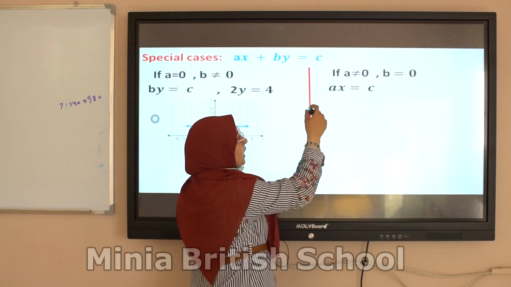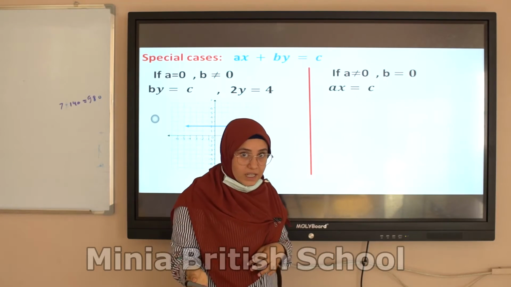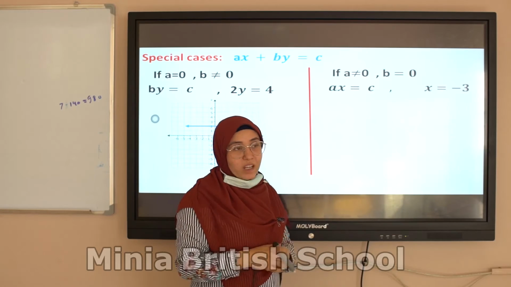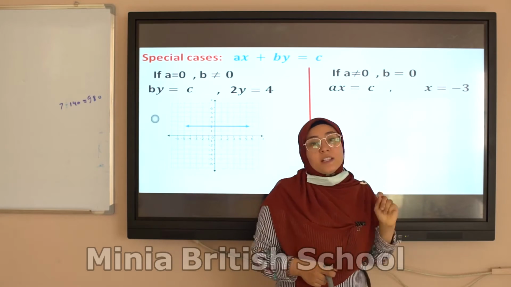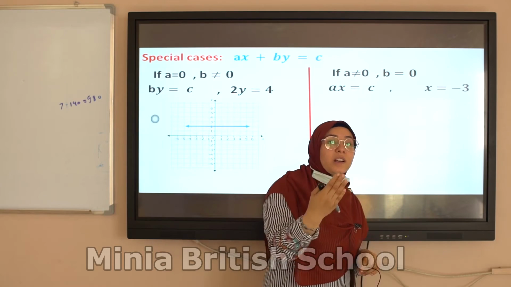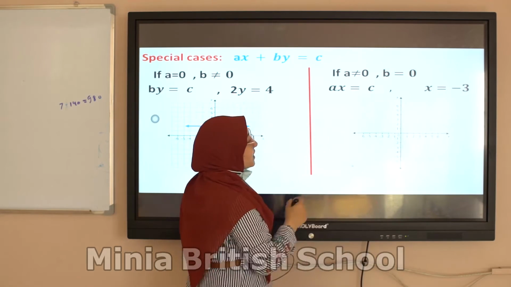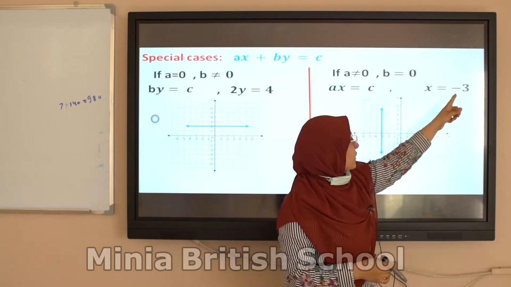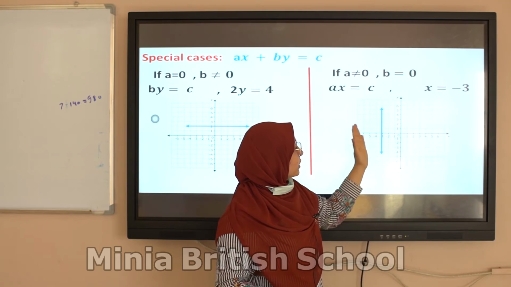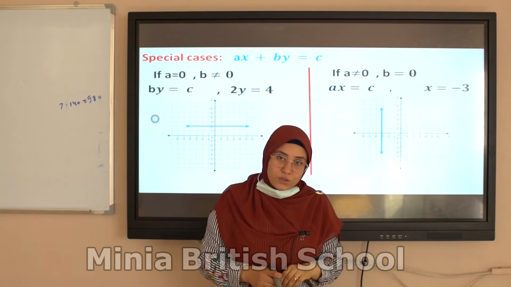We get ax equals c. For example, x equals negative 3. This relation is represented by a straight line parallel to the y-axis like this, okay? From negative 3 I will draw a straight line parallel to the y-axis.